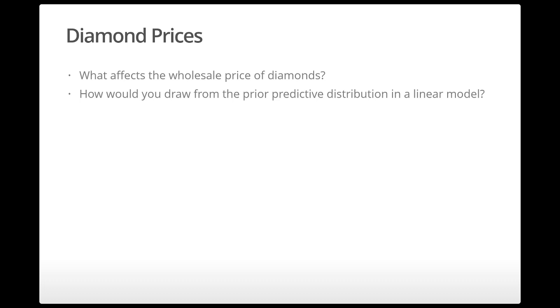So let's think up a halfway reasonable, linear in its predictors model for diamond prices as a function of diamond characteristics. Size. Okay, we've got the length, the width, and the height, basically.